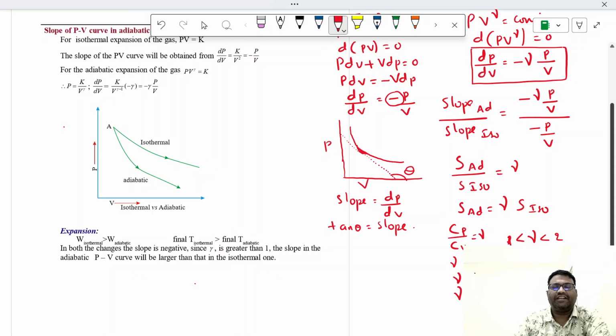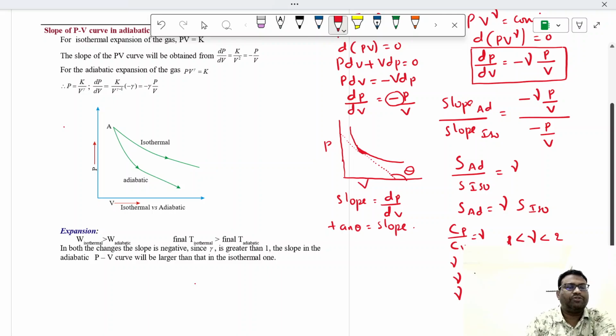So it is always greater than 1. So when it is greater than 1, automatically slope adiabatic will be greater than slope isothermal. That is the reason why the adiabatic process slope is greater than the isothermal slope.